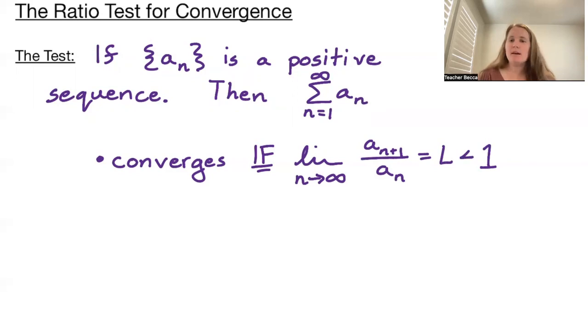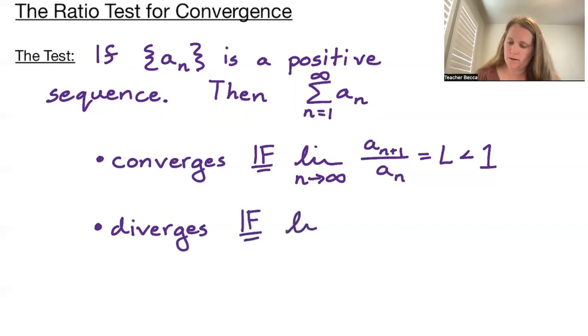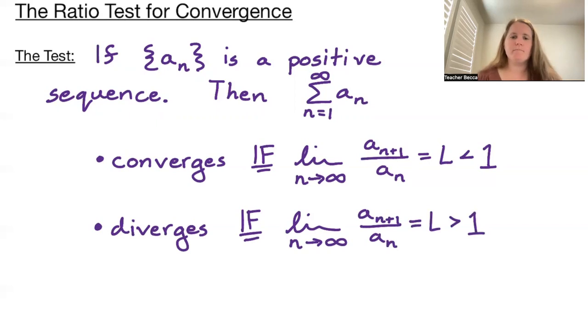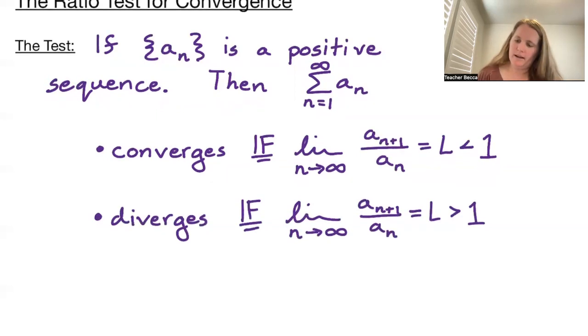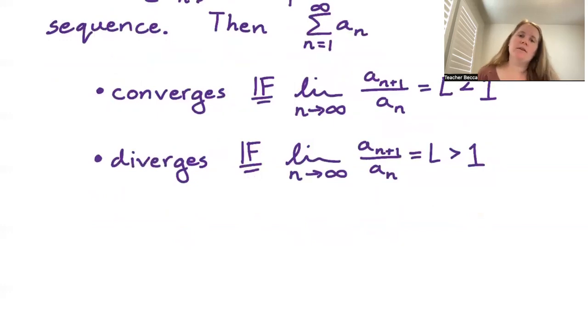So in other words, if the limit of a sub n plus 1 over a sub n exists and is less than 1, then the series converges. It diverges if the limit as n goes to infinity of a sub n plus 1 over a sub n exists and is greater than 1. And if the limit is equal to 1, then we can't tell one way or another.